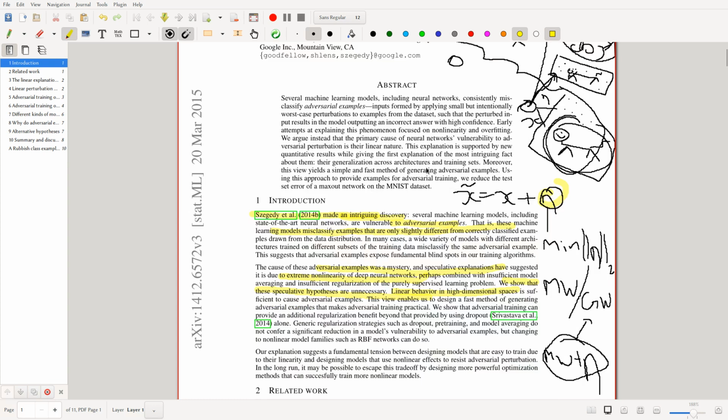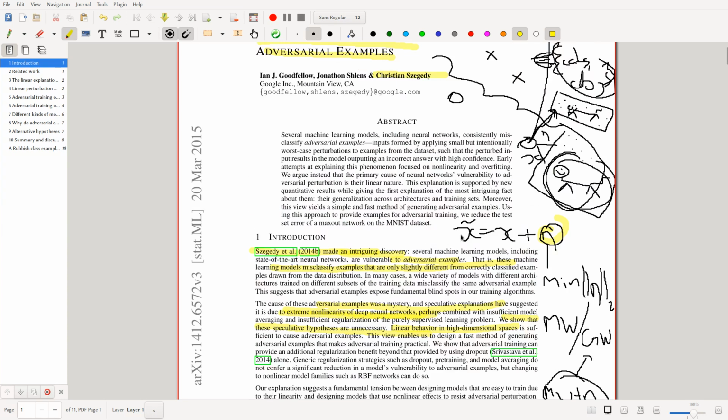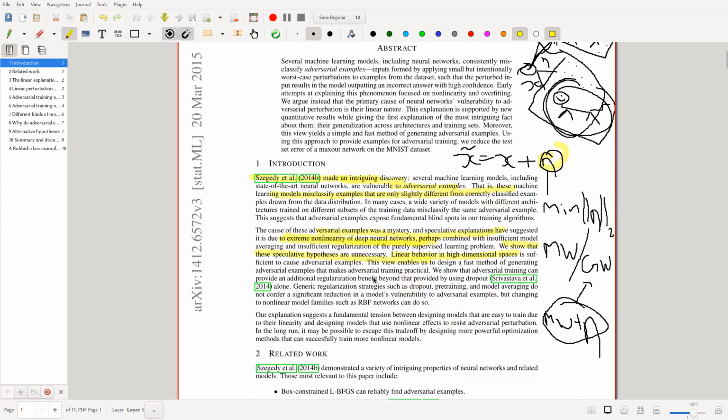What it means is, it's the concept of Occam's razor: we could explain this through some really weird nonlinear behavior, but in reality we could just say that linearity by itself is sufficient, because we're working in high-dimensional space, and high-dimensional space is quite hard for us to wrap our heads around.